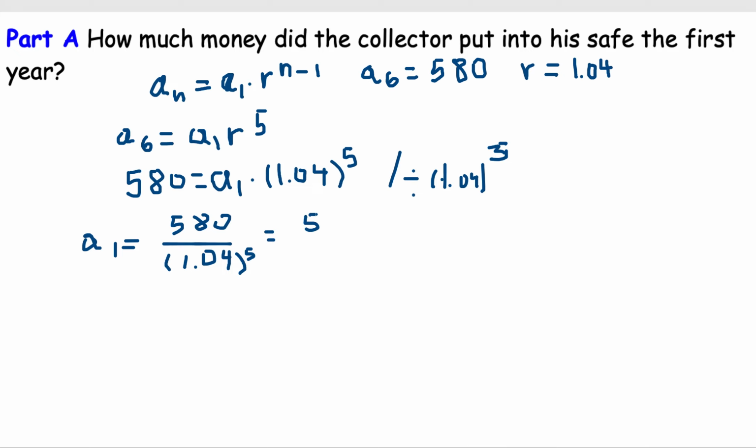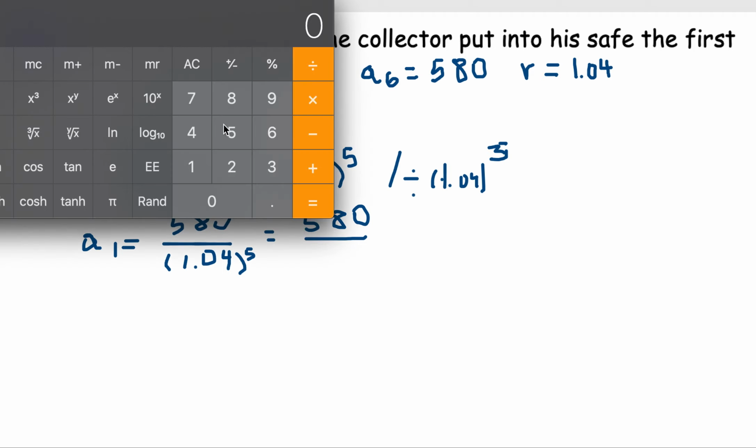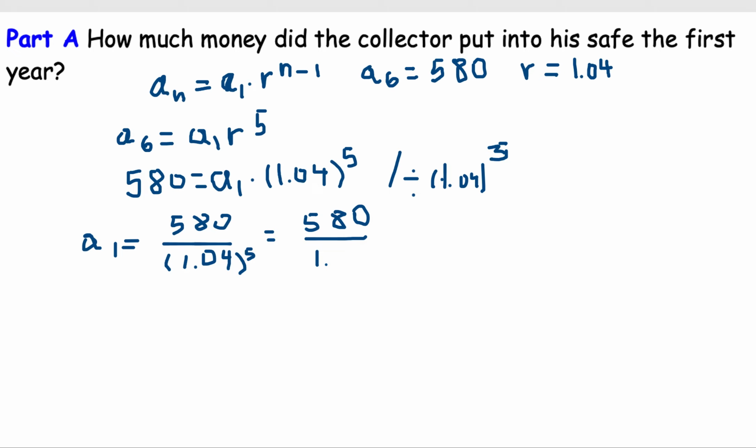580 divided by 1.04 in exponent 5. Let's take a calculator and find out what number it is. 1.04 in exponent 5 is equal to 1.2166, let me round this to 1.2167.